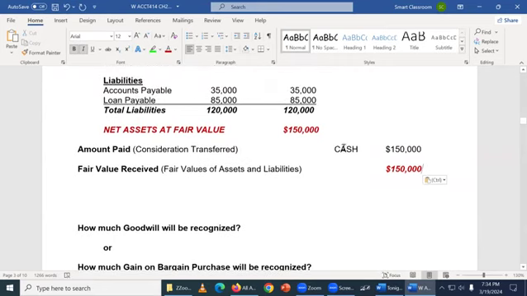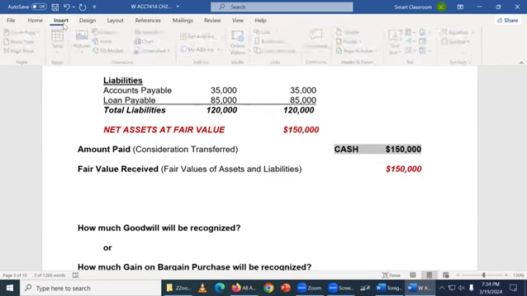So we paid 150,000 and we got 150,000 worth of net assets at fair value.